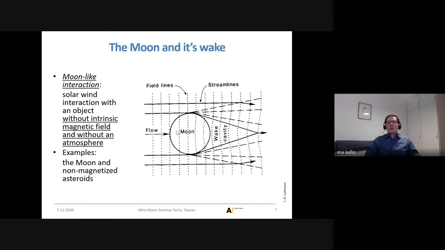So those magnetic field lines are diffusing inside the moon. From the modeling point of view, I will come back to that later. It means that there is a diffusion equation, and depending on the conductivity, it tells how long it takes for the magnetic field to diffuse through the moon.